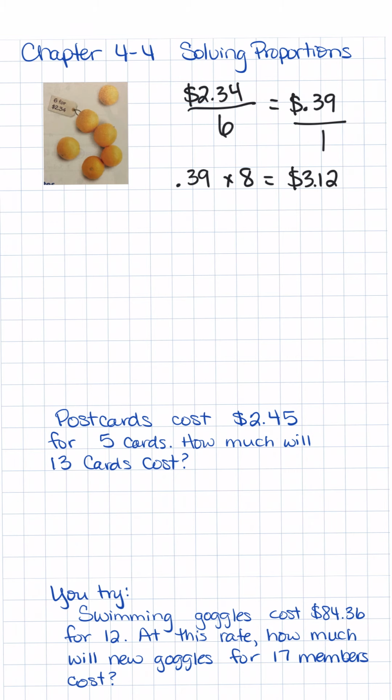So the proportion, when you set this up, you could put it as 234 divided by 6 equals x divided by 8. Okay, finding the unit cost first and then multiplying it by however many you want.